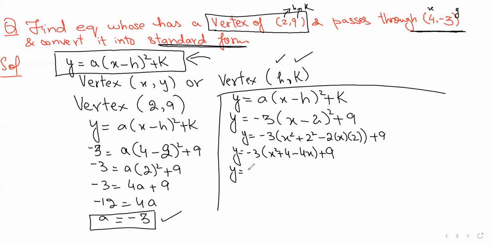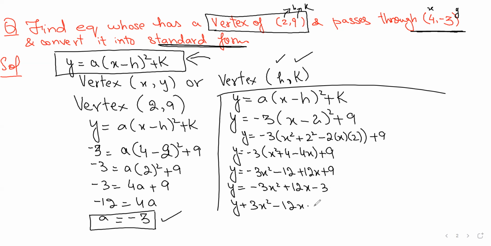If I expand it further, it will be negative 3x squared minus 12 plus 12x plus 9. So it will be y equals negative 3x squared plus 12x minus 3. If I move everything to one side, it becomes y plus 3x squared minus 12x plus 3 equals 0, which is my standard form.